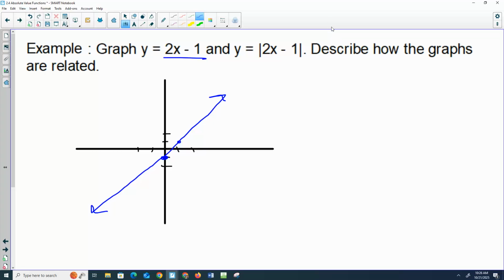If I asked you to graph the absolute value of that, it wouldn't necessarily go away, but this point was at 0, -1. Where would it go? 0, 1. This one would be at -2, -2, so it would go to -2, 2. Does the positive part of my graph change? No. So when you do the absolute value, this stays the same, but that negative part gets flipped up.